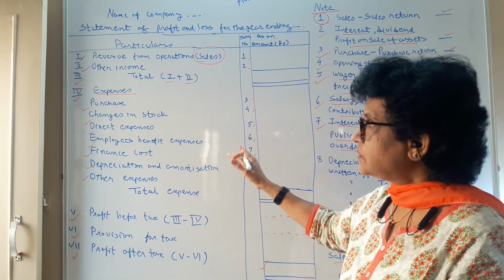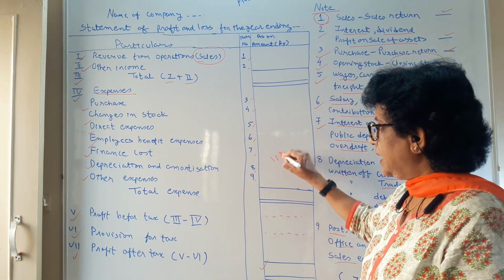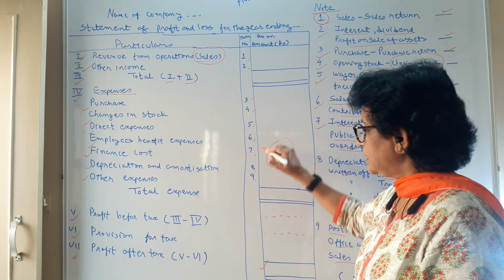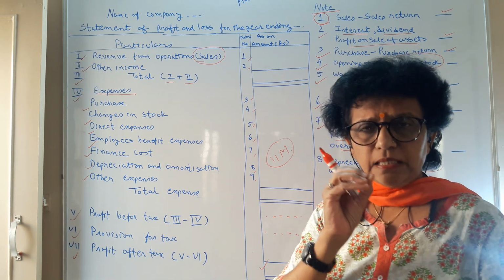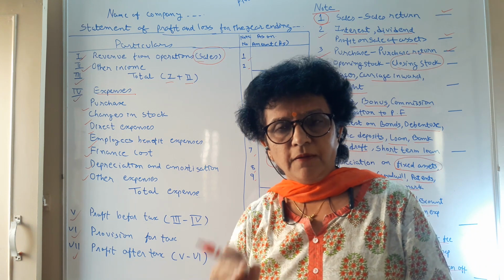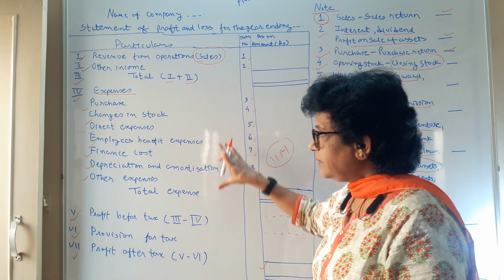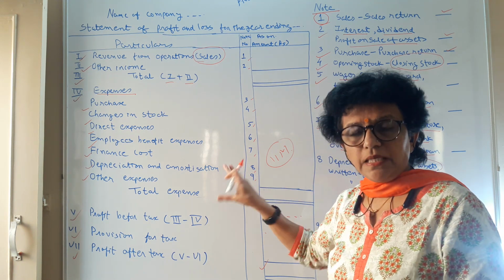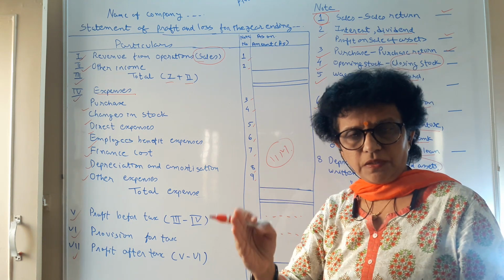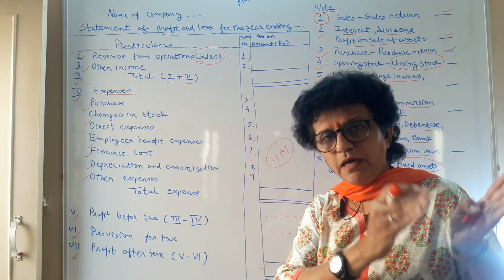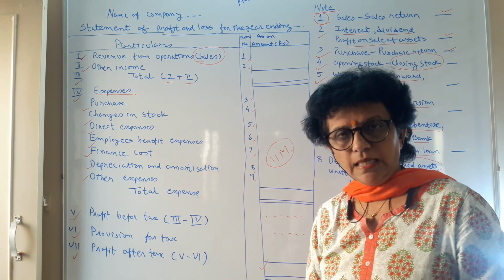Now in the next class we will do one example that carries 11 marks, a compulsory example in your exam, and the marks you can easily score maximum. The only thing you have to do, dear students, is simply remember the sequence, keep in mind the picture of the balance sheet as well as the profit and loss, and then just pick the figure, place it in the respective place and get the answer.